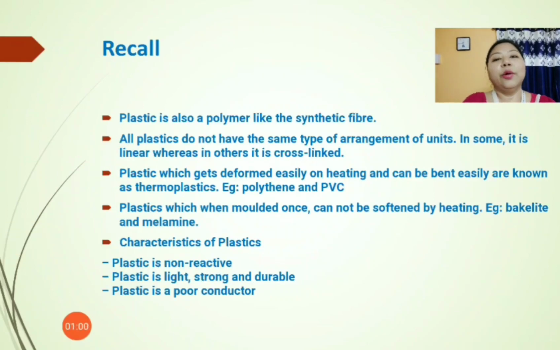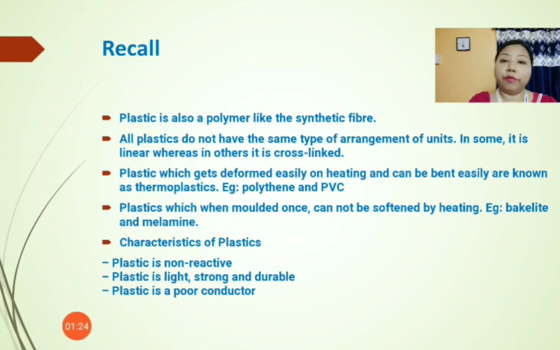Let us recall what we have done in the previous class. Fine. So in the previous class we understood that plastic is also a polymer like the synthetic fiber. All plastics do not have the same type of arrangement of units. In some it is linear, whereas in others it is cross-linked. Fine.